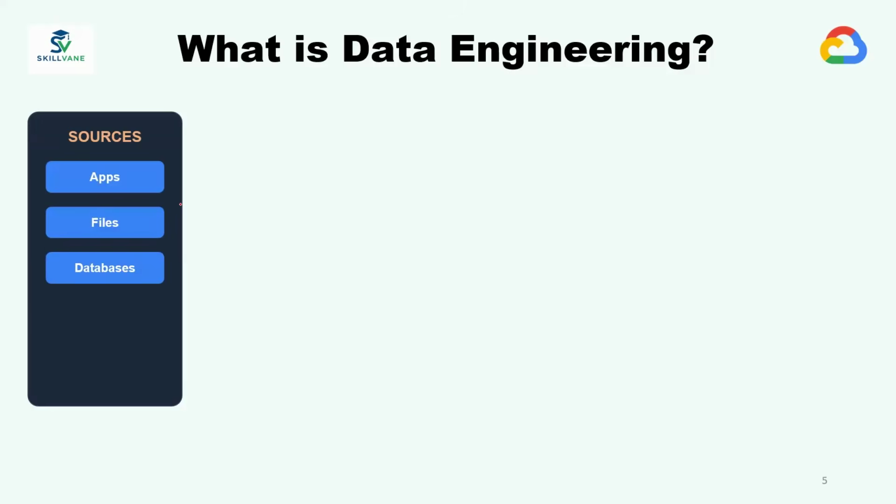And there is a huge amount of data coming from sensor devices. Nowadays the usage of sensor devices has become more, and every sensor device generates a huge amount of data. So we have data coming from multiple data sources such as applications, files, databases, and IoT devices. Here we have a huge amount of data.